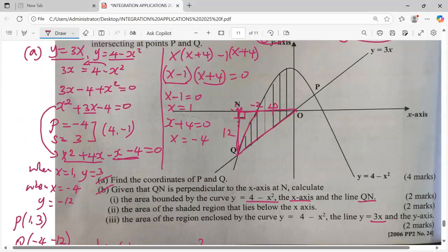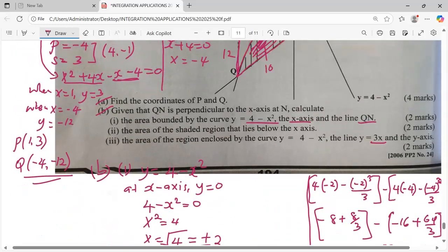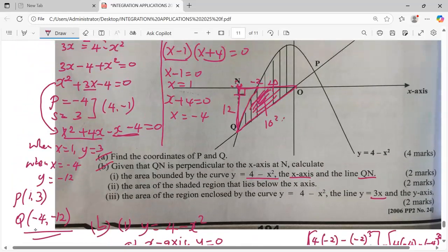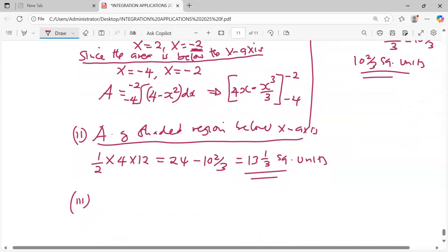Already we have gotten the shaded region. At this point, the area we have here is 10. The area we have there is 10 and 2/3. What we are supposed to find is the shaded region above the x-axis.